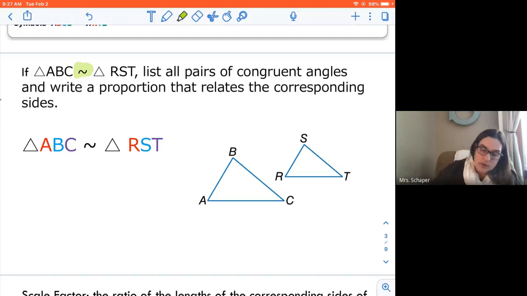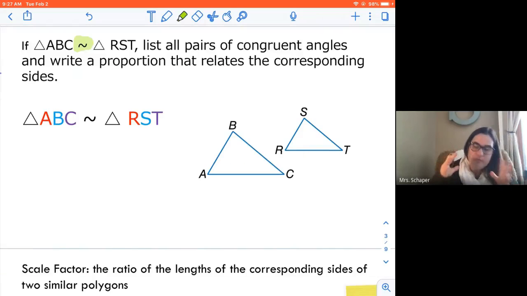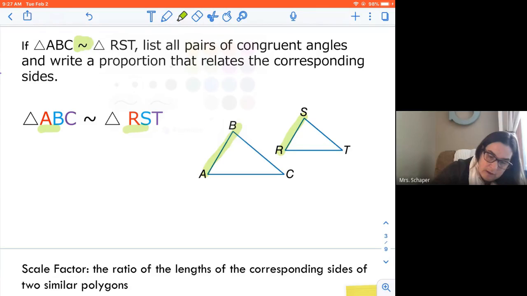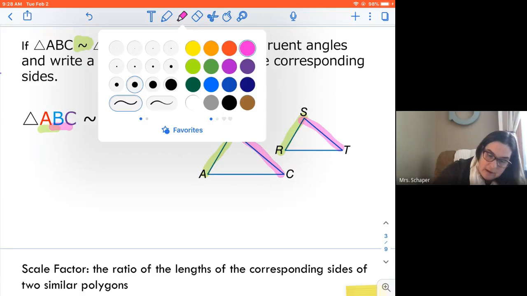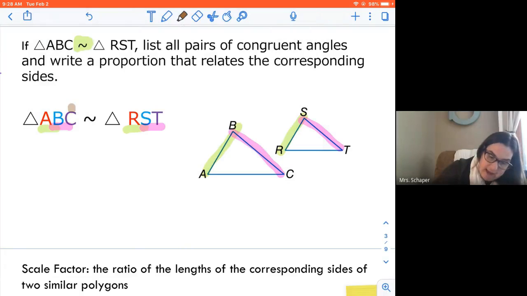So when we look at this, I just got to color code stuff, right? So AB corresponds to RS. And BC corresponds to ST. And then CA corresponds to TR.